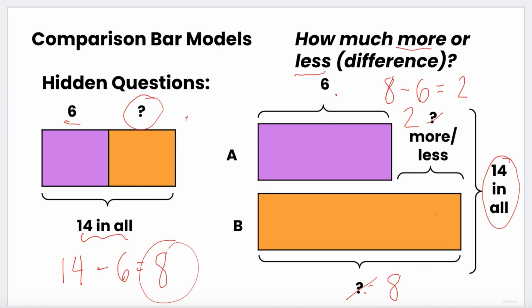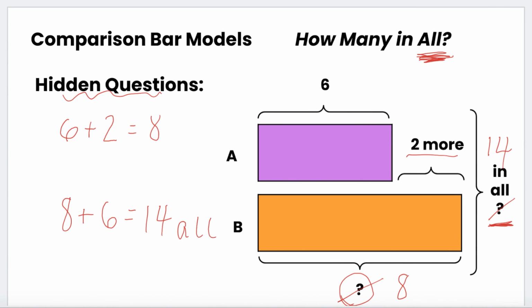Figure out what values you might need that are missing. Those are called our hidden questions. We usually run into hidden questions when we have values that are missing, like our orange Starburst value, and from our first problem, when we didn't know the orange Starburst to figure out how many there were in all.